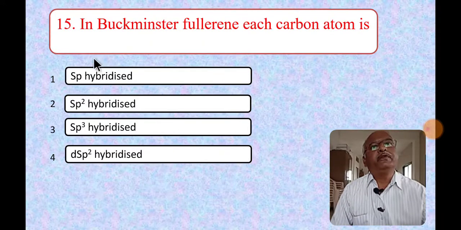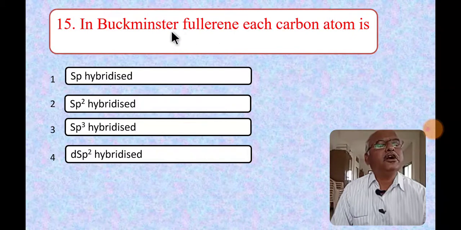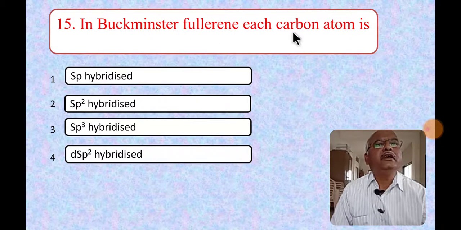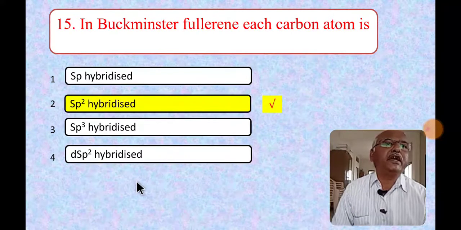Question number 15. In Buckminster fullerene, each carbon atom is sp hybridized, sp2 hybridized, sp3 hybridized, dsp2 hybridized. Select the correct answer, sp2 hybridized.